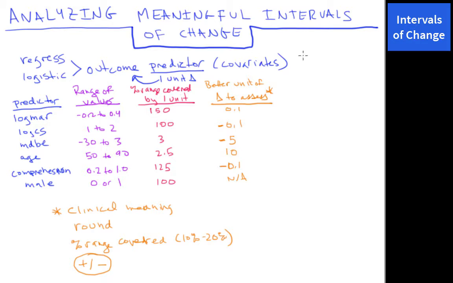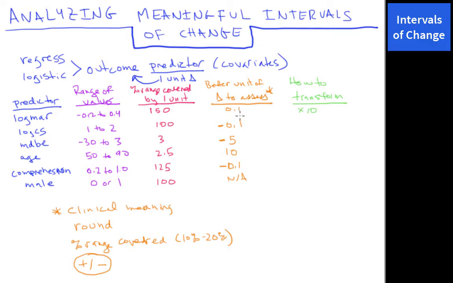And so then the final question is, how do we transform the original predictor value so we get a revised predictor which represents this unit of change? We'll illustrate this in detail, but here we're going to want to multiply by 10.